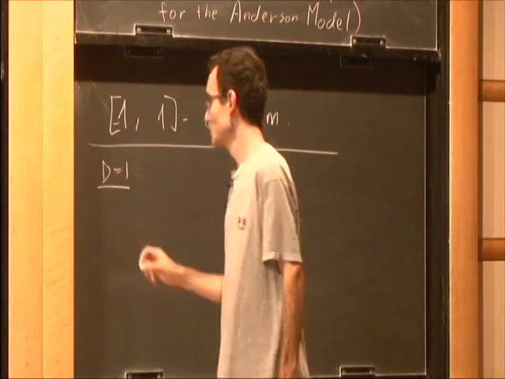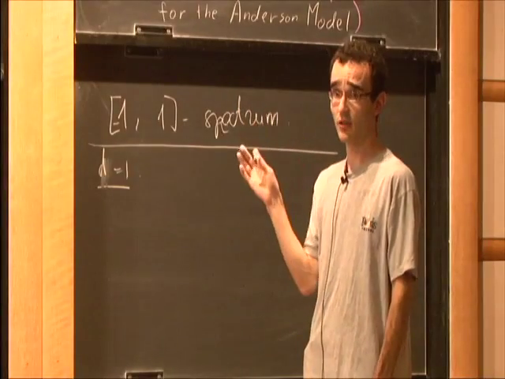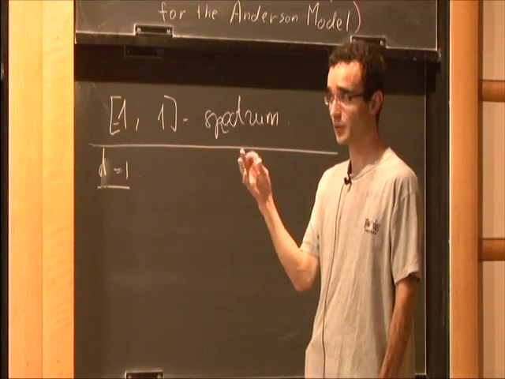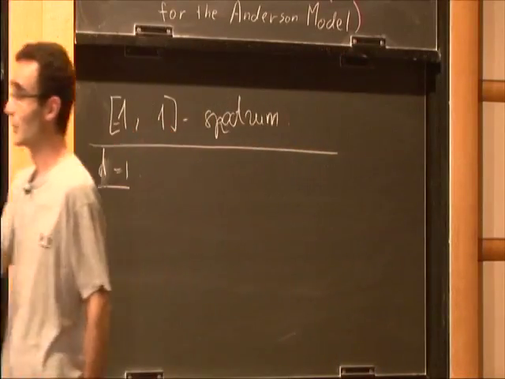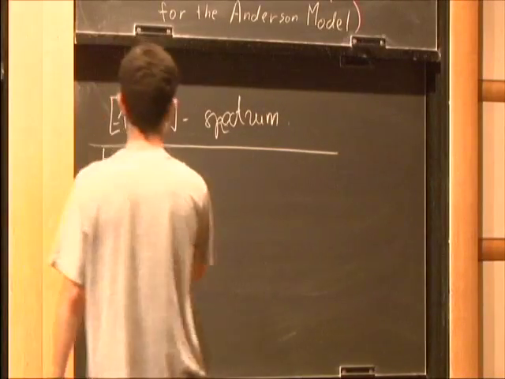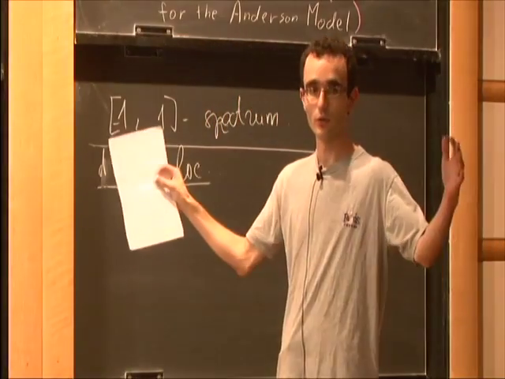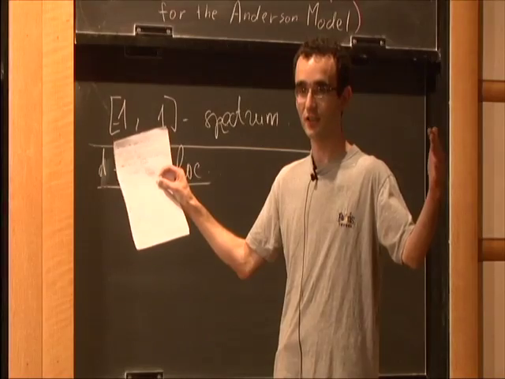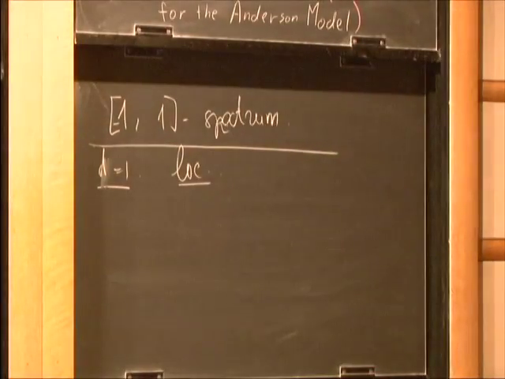In dimension 1, it is known from general theory, Furstenberg's theorem and its extensions, that any operator of this kind has localization. And the question is what is the localization length, the size of the box where most of the mass of the particle stays.